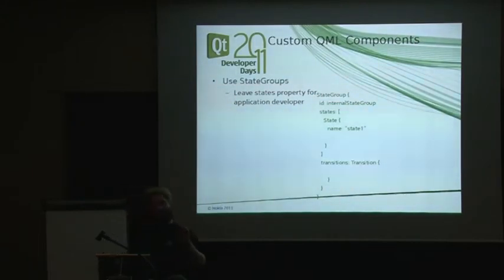Instead of having the state properties like the states and transitions, you can just add a StateGroup child item, and it has the same properties to access and to use in your component. And then when somebody uses your component and adds states in his application code or whatever, there's no collision at all.